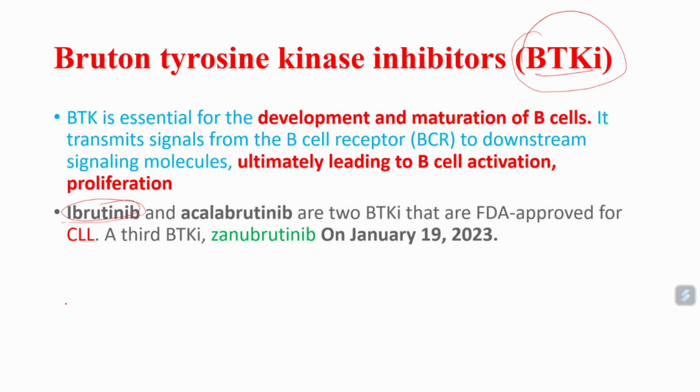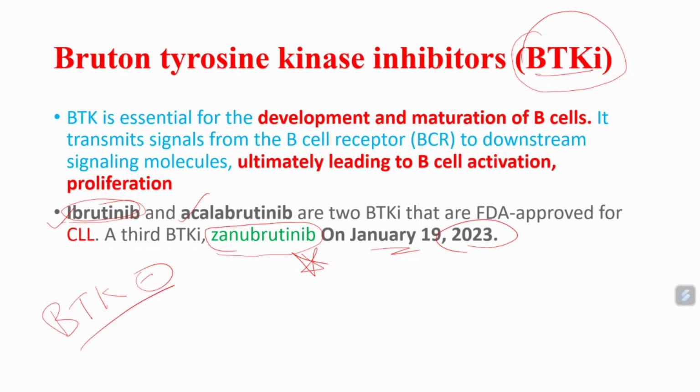This is very latest information, and it is a very famous treatment strategy. Among BTK inhibitors, we have ibrutinib, acalabrutinib, and zanubrutinib. Zanubrutinib was recently approved by FDA in January 2023. Ibrutinib and acalabrutinib were approved a few years ago.